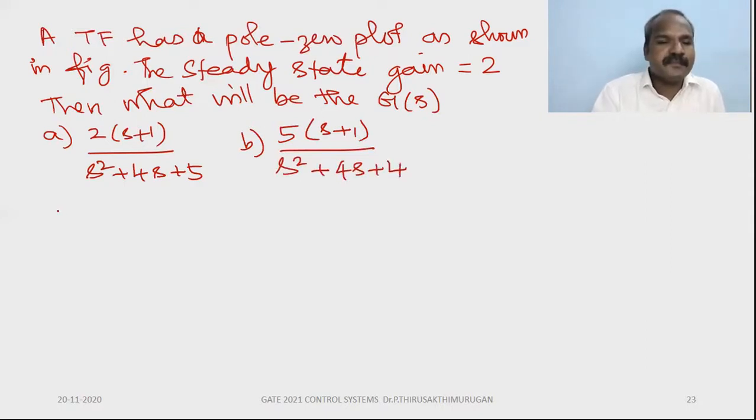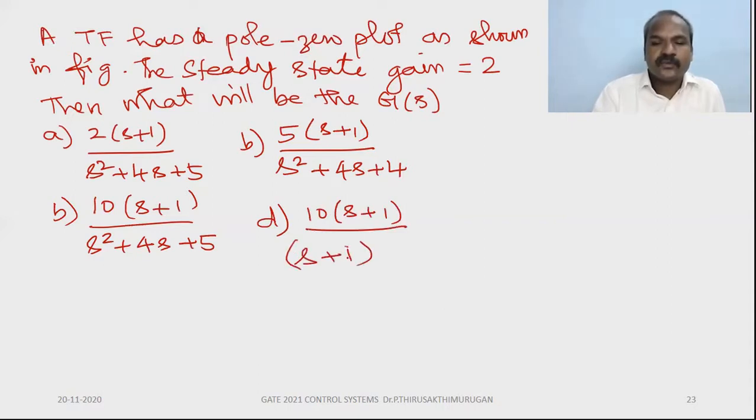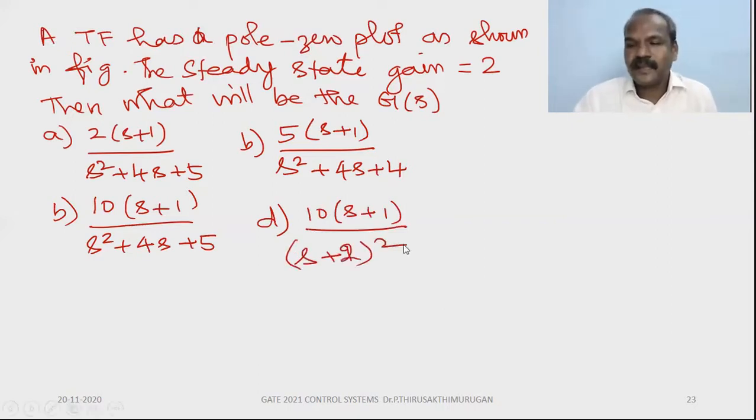Can you tell me the answer, my dear students? Divided by s square plus 4s plus 5. The last answer is 10 into (s plus 1) divided by (s plus 1) into (s plus 2) the whole square. Please tell me the value.